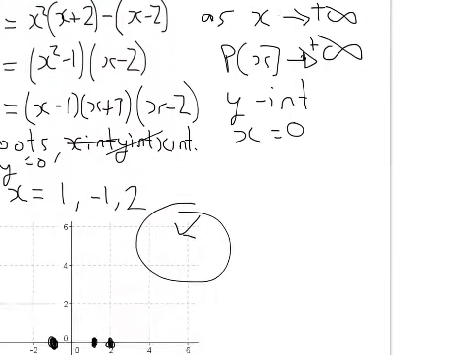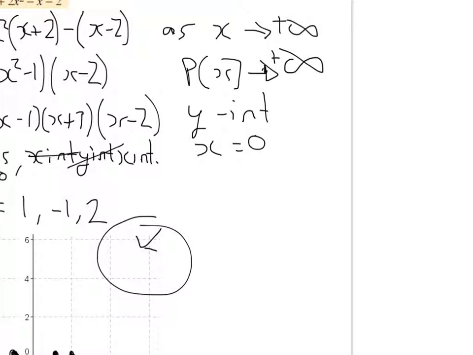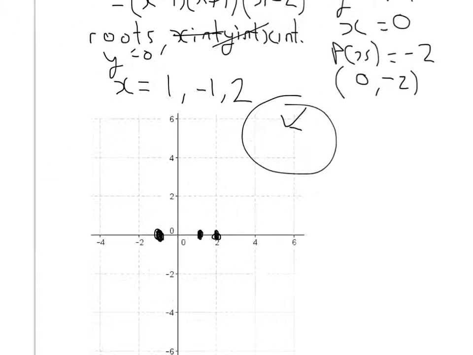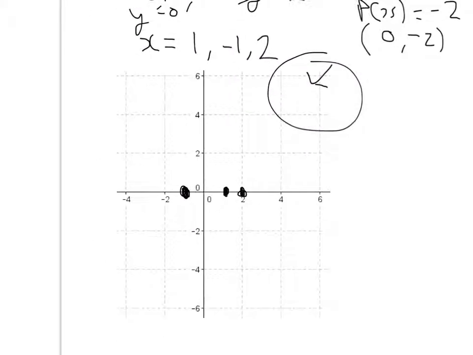So if I go back over here, the y-intercept, p of x, is equal to minus 2. So I get the point 0, minus 2. So that's a little handy point down there.